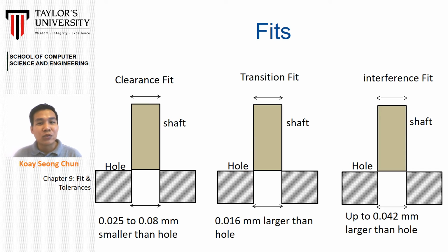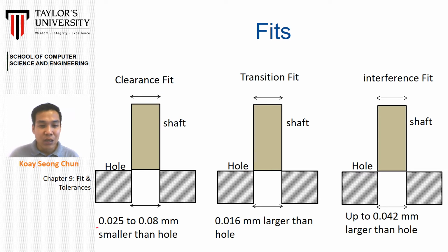So how about transition fit? Okay, for transition fit and interference fit, the value for the clearance will be negative, because your shaft will have a slightly bigger size than the hole. Then for interference fit, the shaft will be even larger than the hole. But from here, they must have a distance.